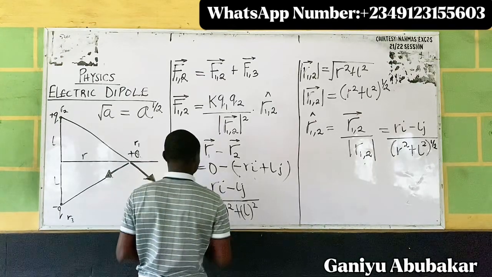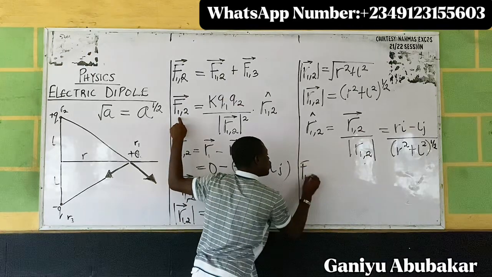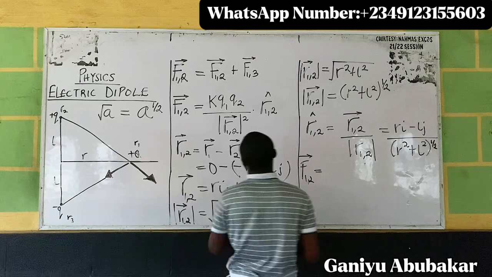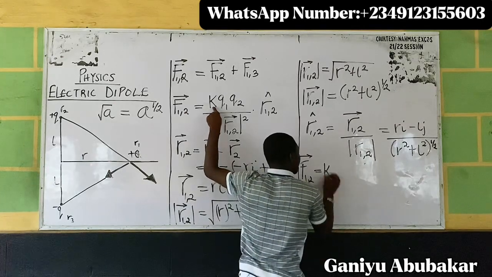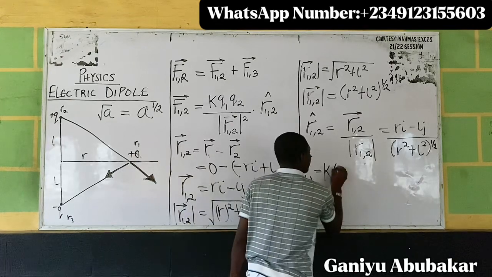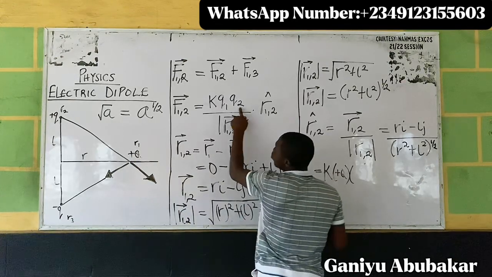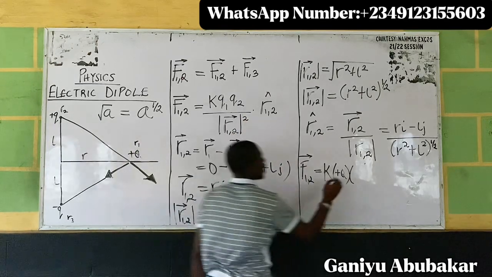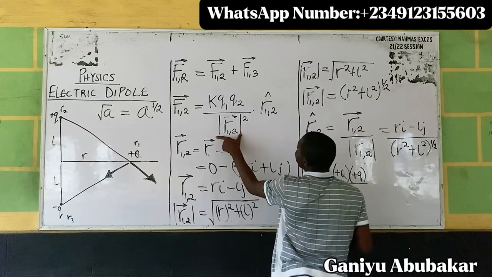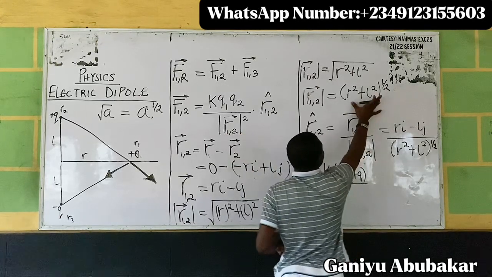So f12 resultant is equal to k, q1, capital Q, that's plus q, and q2 is your plus q charge, that's plus q, all over the magnitude of r12, that's this.